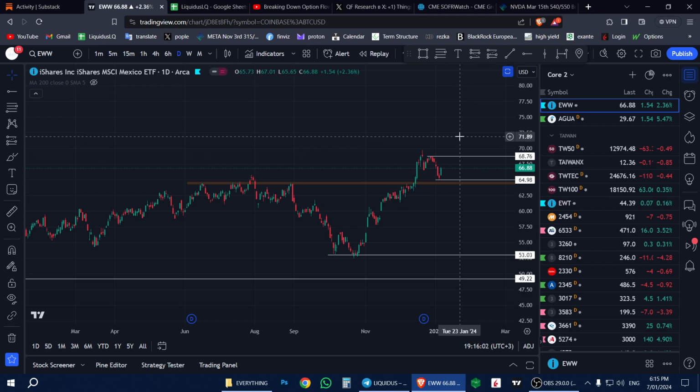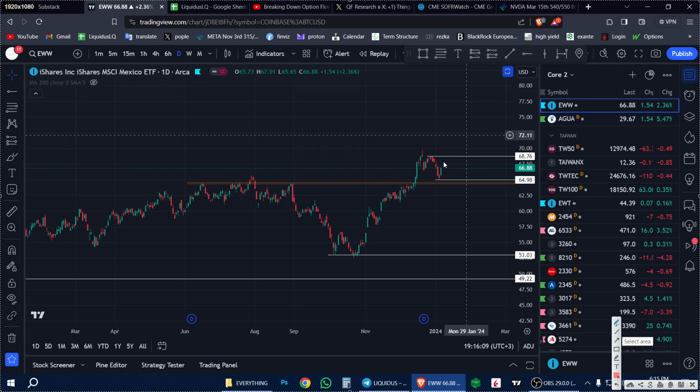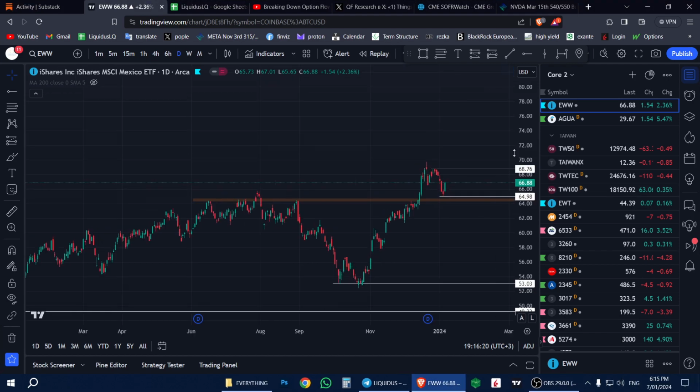After the first shift in tail and trend, creation of tail high-low, first break in trades into the key area, you always buy that. Even if we're going to revisit 64, 63 again, this is once again the area for you to accumulate the position. If you want to play EWW, you're welcome.